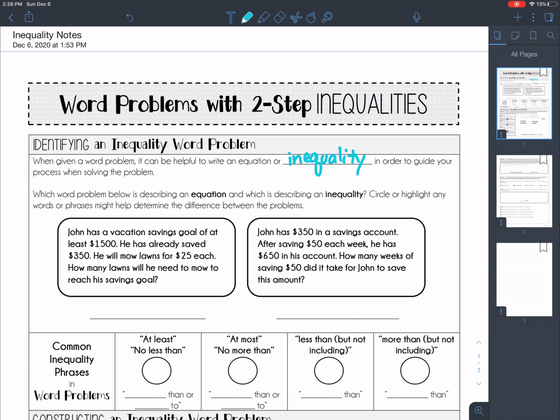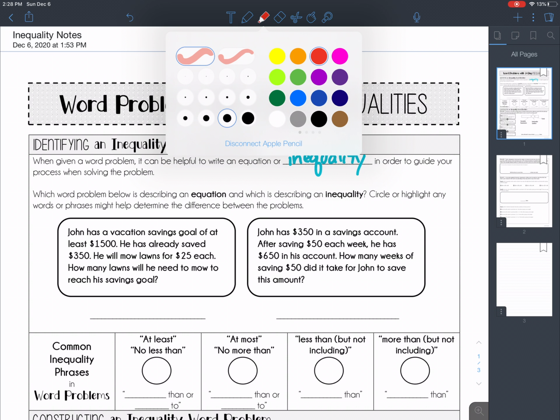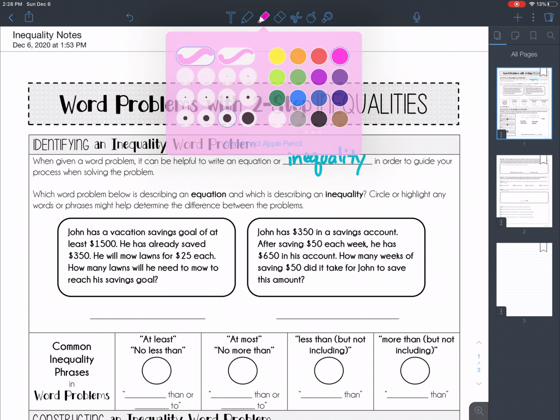Which word problem below is describing an equation and which is describing an inequality? Circle or highlight any words or phrases that might help determine the difference between the problems. Okay, so John has a vacation savings goal of at least $1,500. We're going to go ahead and highlight or circle, depending on what you have in front of you.